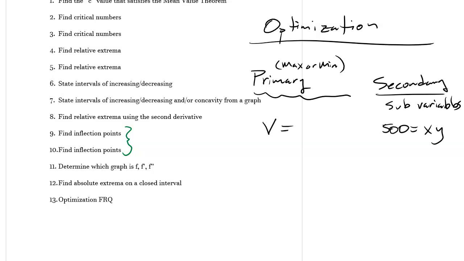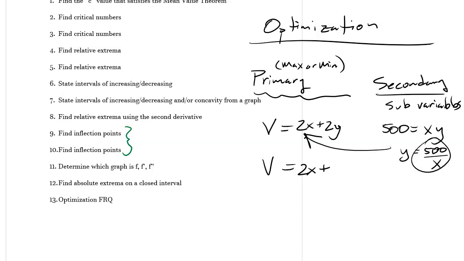Well, then you would solve for x or y. And then you use this to substitute variables and to help you solve the primary one. And then you take the derivative to find it. And that's how you'll be able to solve the optimization one.